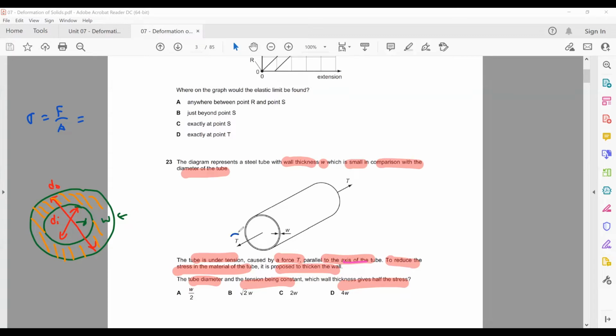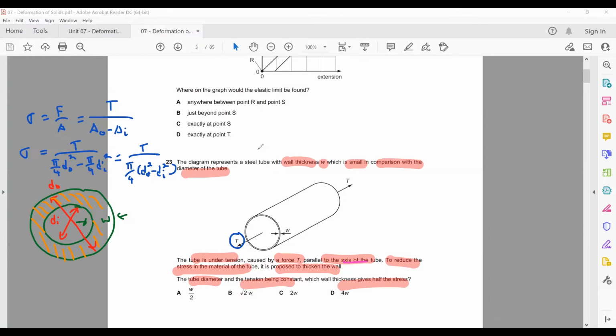In my case, the force is T, and the cross-sectional area would be the outer area minus the inner area, giving you T over pi over 4 D outer squared minus pi over 4 D inner squared, and then eventually giving you this.